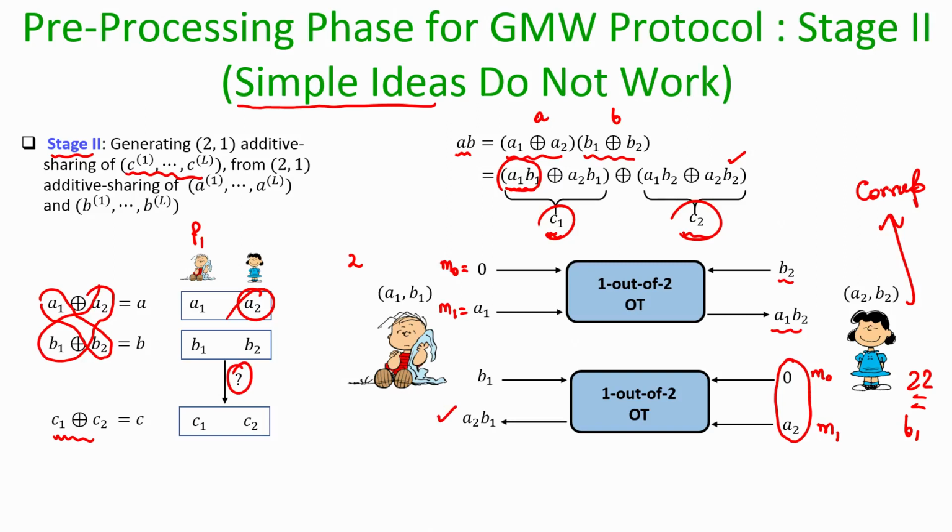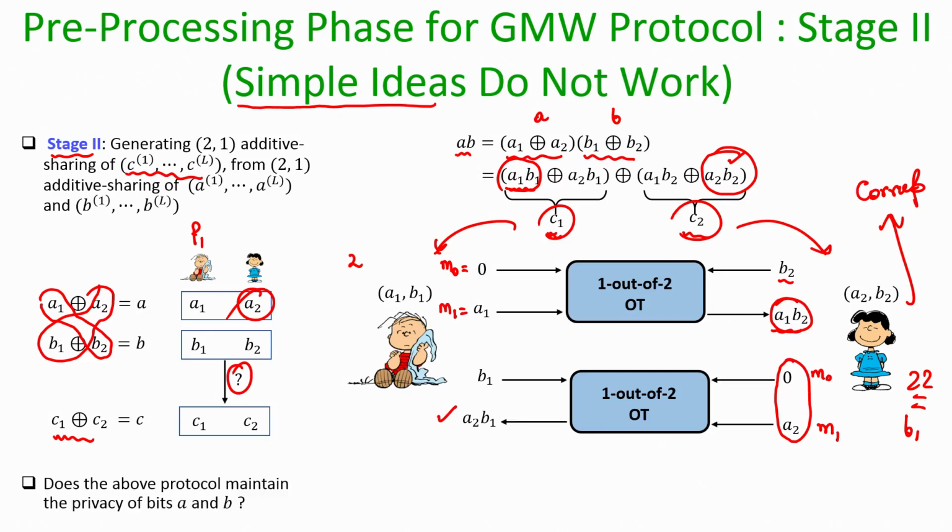In the same way, the second party, she has the ability to compute A2 times B2 on her own, and as a receiver she has obtained A1 times B2 as the output of the first OT. So, now if she XORs them, she gets C2. So, C1 is now computable by the first party, C2 is computable by the second party, and now you might say that okay, our stage 2 task is done.